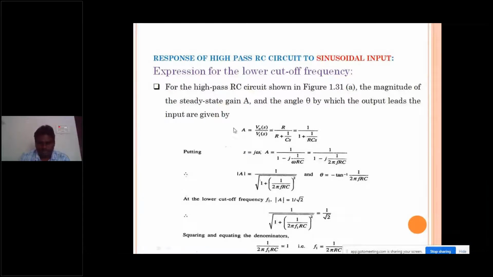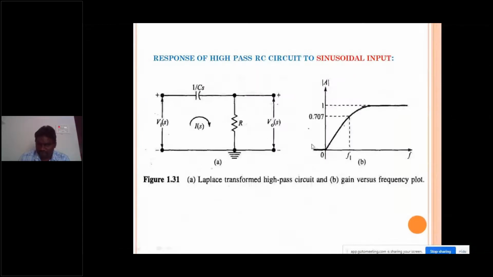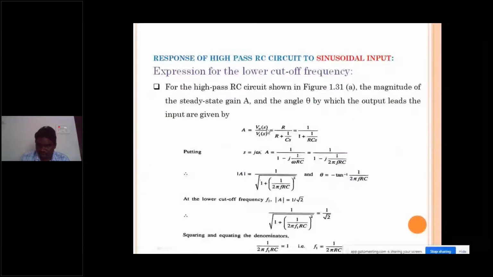If I calculate the transfer function, then I will get it like this: output voltage by input voltage. By converting the circuit into a Laplace transformed circuit, this is the output voltage. I can simply calculate current multiplied by R, which gives the voltage across this. So current is I(s) into R. So output voltage is equal to Vi(s) into R by R plus 1 by Cs.